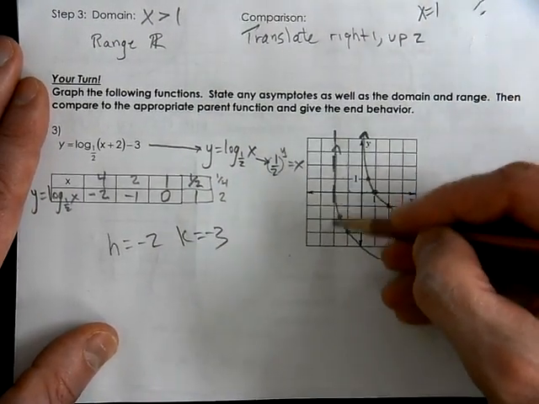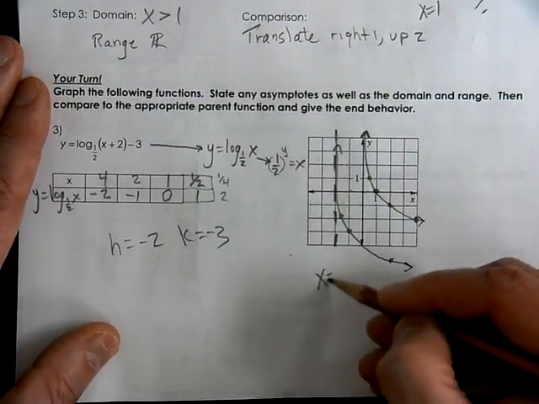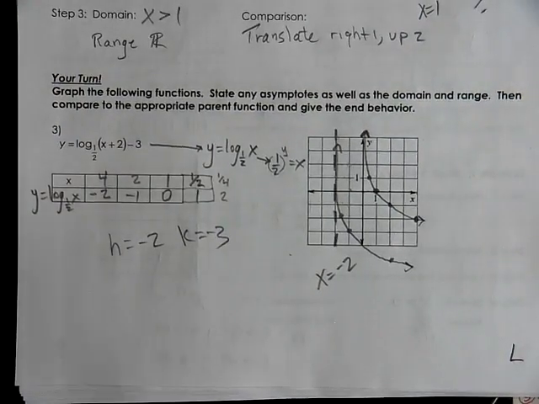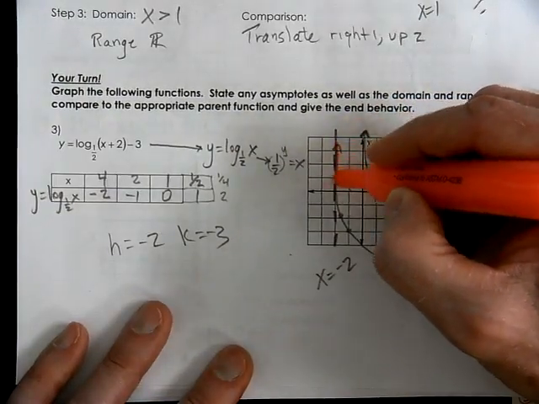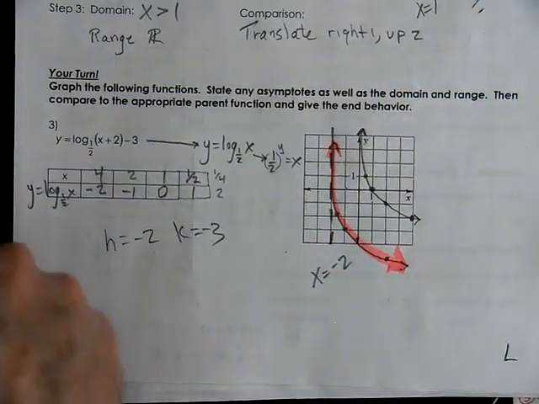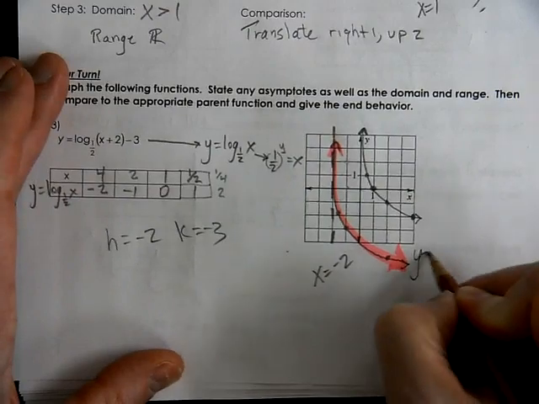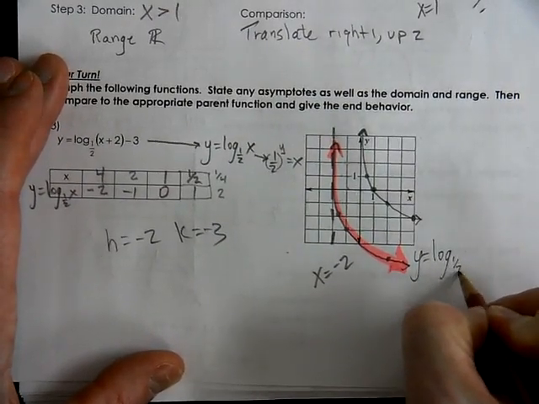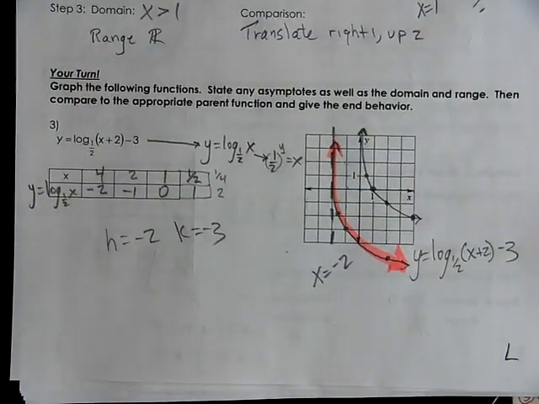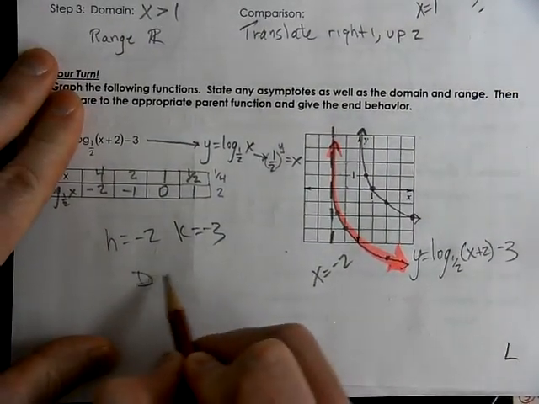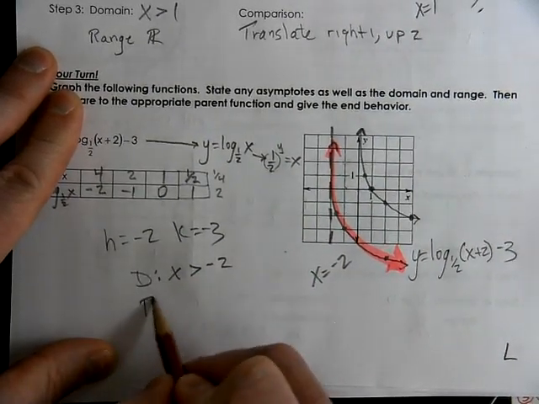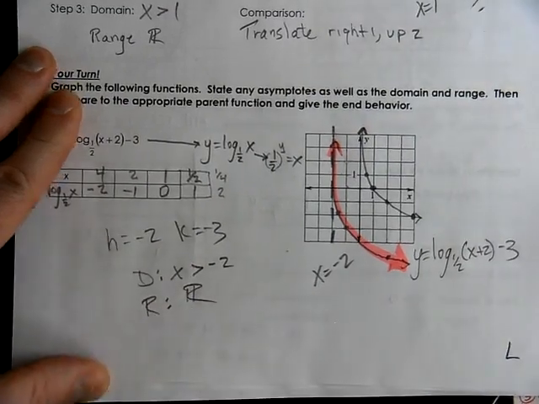And we have our asymptote at x equals -2 because this is x plus 2. We like to trace our graph out for which one is the real graph we're doing. We like to label our graph. We know our domain is x is greater than -2, and our range is all real numbers.